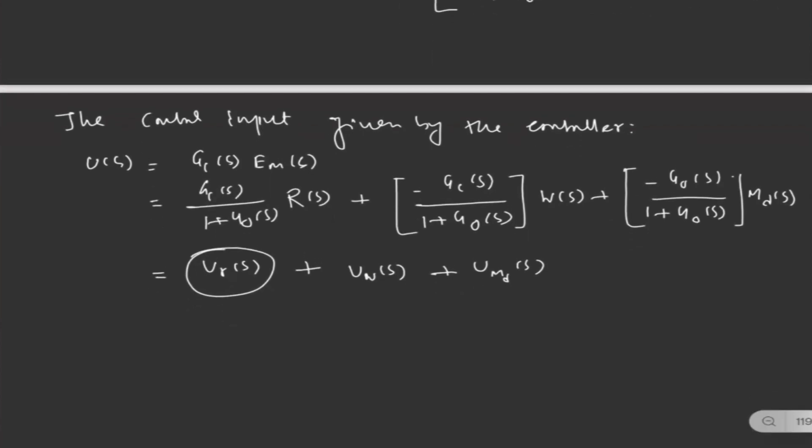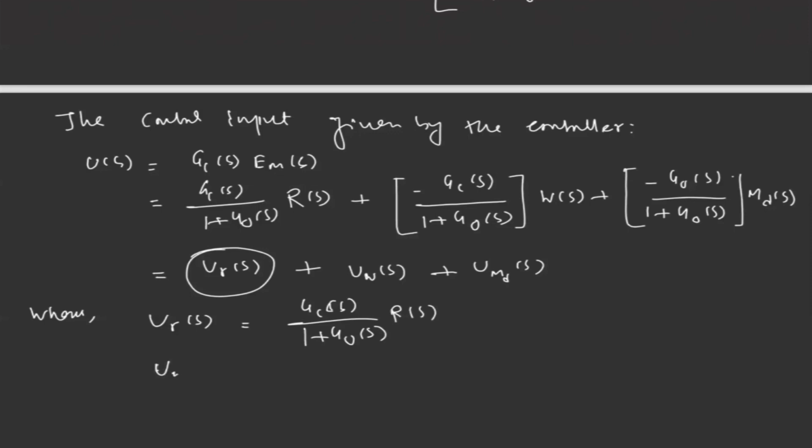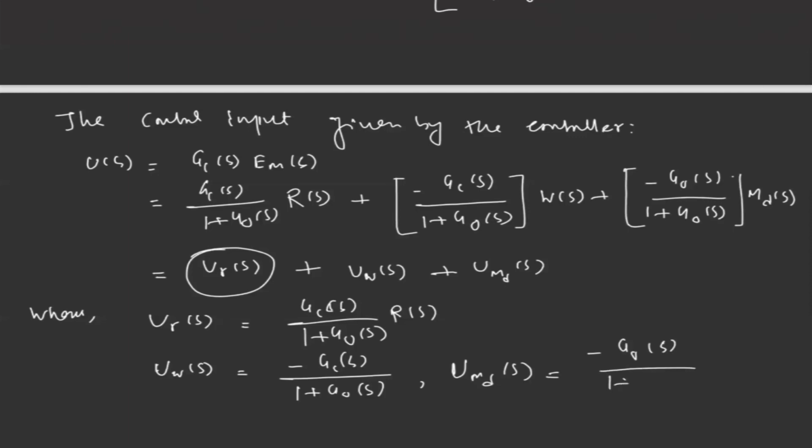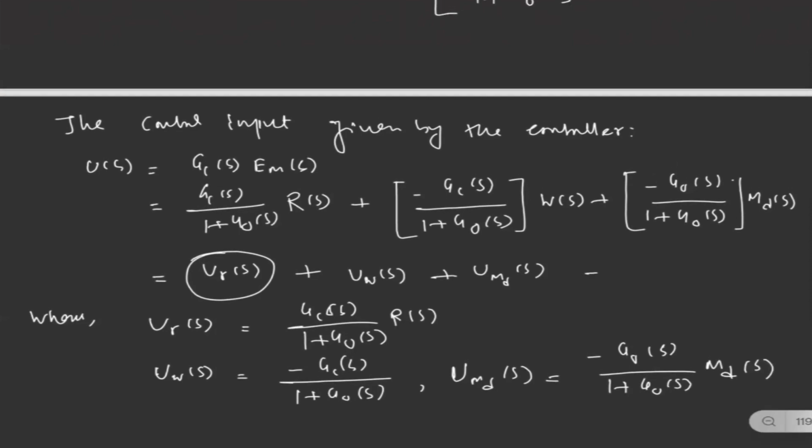So now U(R)(S) equals GC of S over 1 plus G naught of S times R(S), and U(W)(S) equals minus GC of S over 1 plus G naught of S, and U(MD)(S) equals minus G naught of S over 1 plus G naught of S. Let's denote this equation number 5.